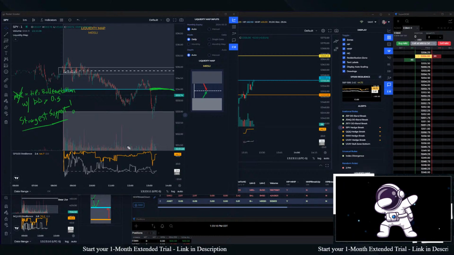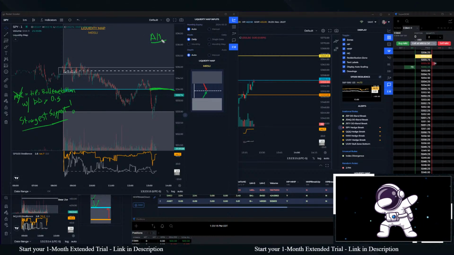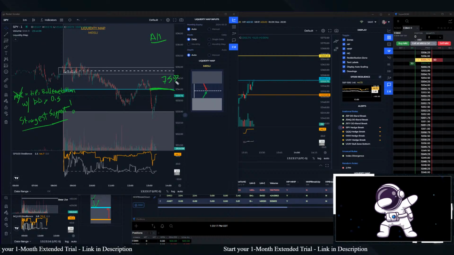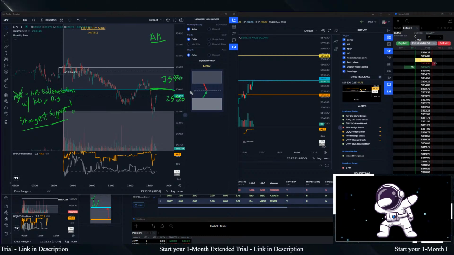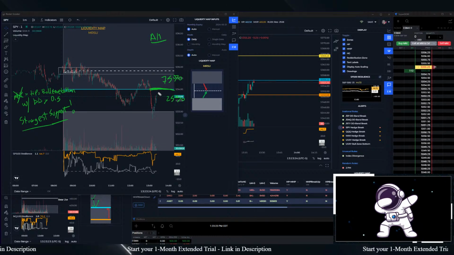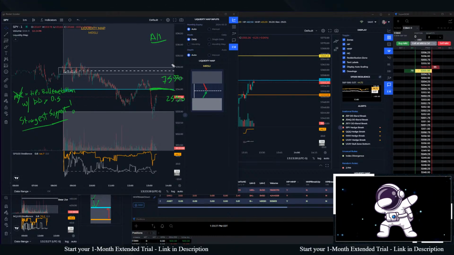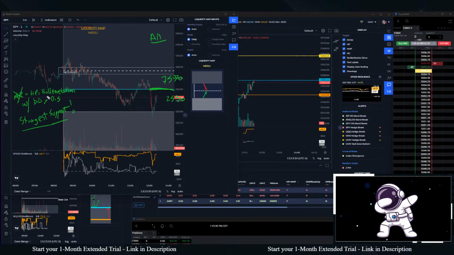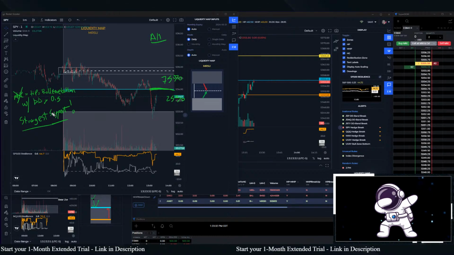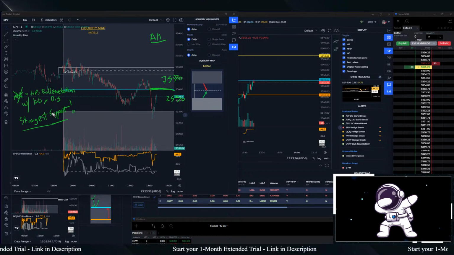Under all conditions, so forgetting DD, forgetting everything, under all conditions, 75% chance here, 25% chance here. So under all conditions, I expect the market to stay up here. With DD ratio being good and all that, it allows me to have an even higher probability of that likely happening.